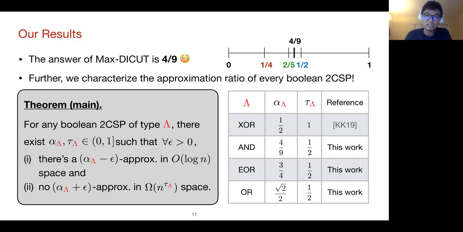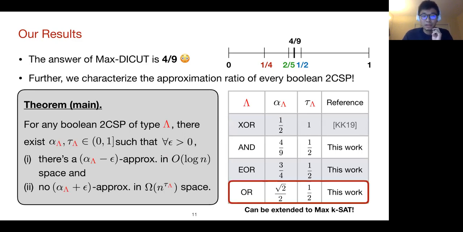Slightly beyond that, there's a lower bound of at least root n space. We can also generalize our result to certain CSPs with larger arity. Specifically, we can show that the result can be extended to Max-K-AND, and the approximation ratio there is different from the trivial upper bound and lower bound. Quite surprising here.